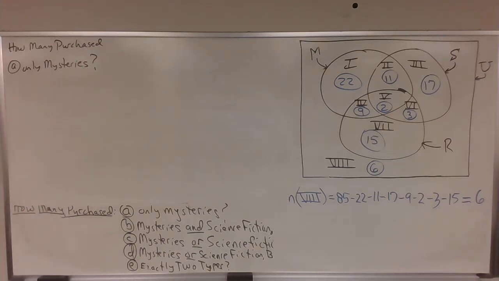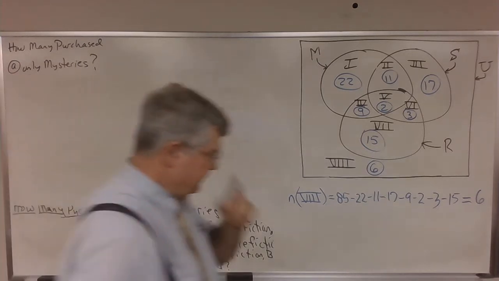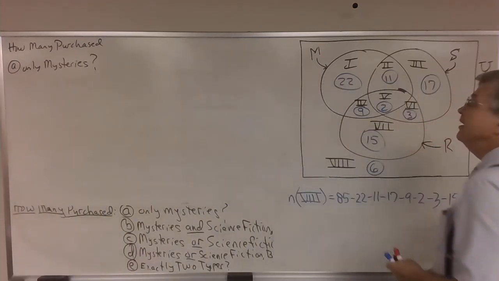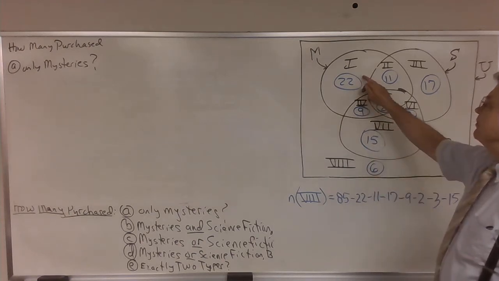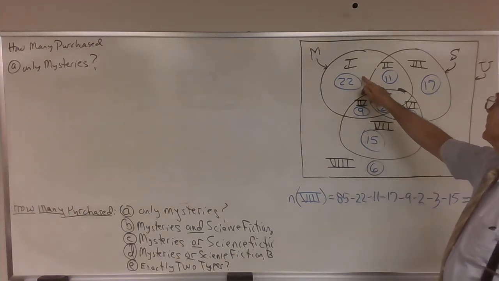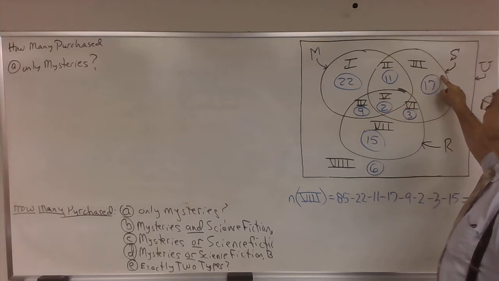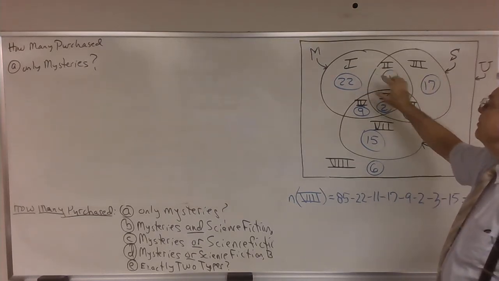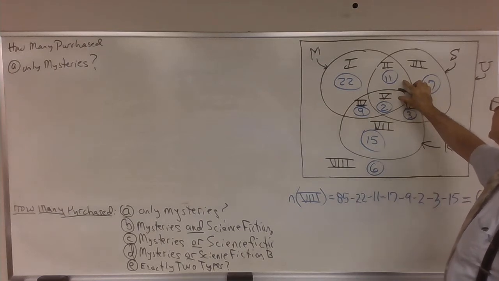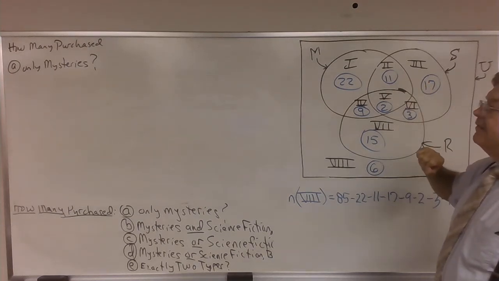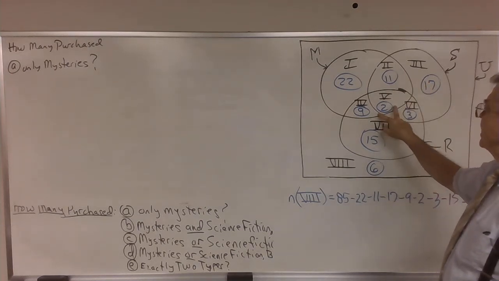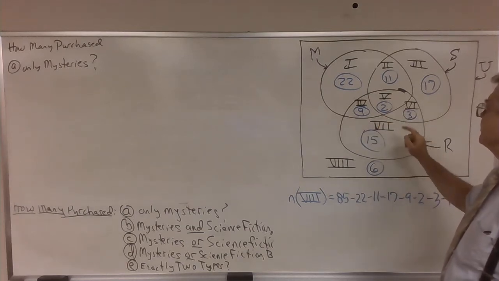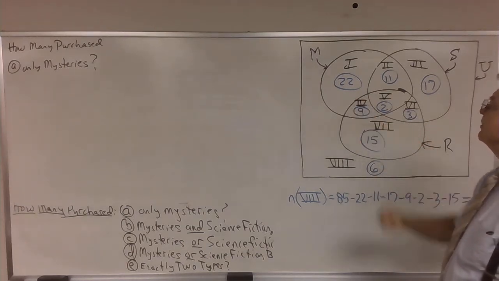So how many people purchased only mysteries? If they purchased only mysteries, they're in the mystery circle. But they're not in the science fiction circle because they only purchased mysteries. They didn't purchase science fiction. And they're not in the romance circle either.